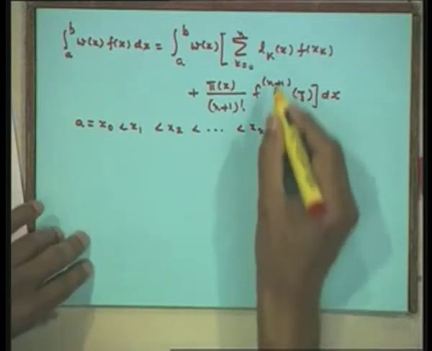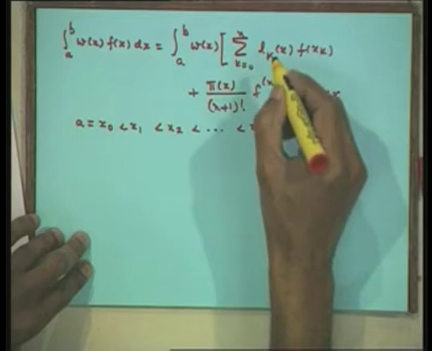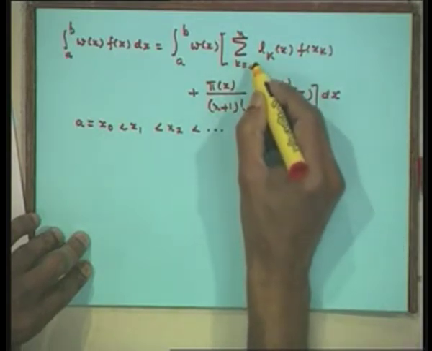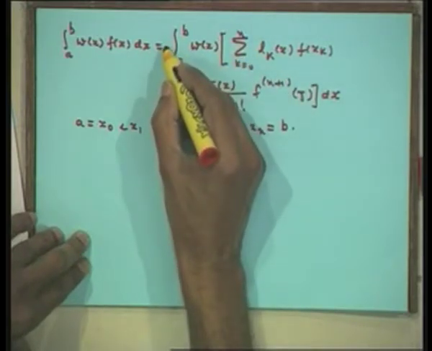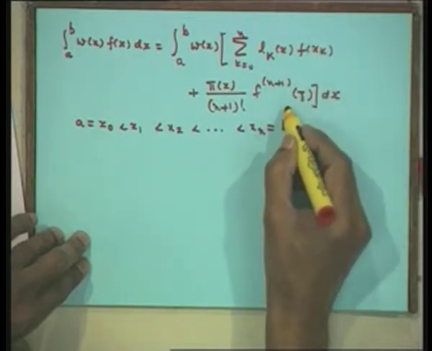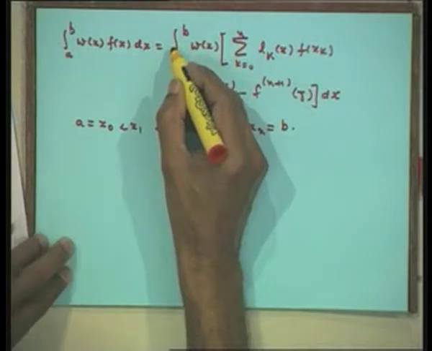Now, let us simplify the right hand side. We write it as a sum of two integrals, the integral of the first one and the integral of the second one. In the first integral, we can take the summation outside the integral sign. Also, f of x k is independent of x, therefore, we can take f x k also out of the integral sign.